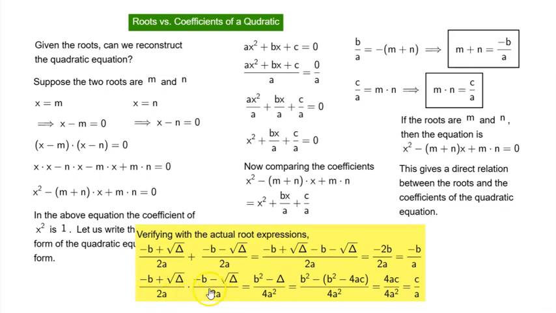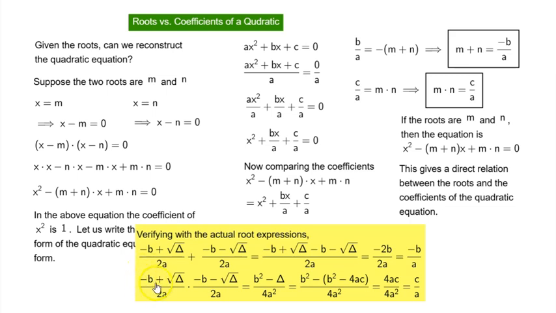Now let's multiply the roots. Minus b plus square root of delta by 2a times minus b minus square root of delta by 2a. Now here you notice for the numerators, we can use (a plus b) times (a minus b) is equal to a square minus b square.